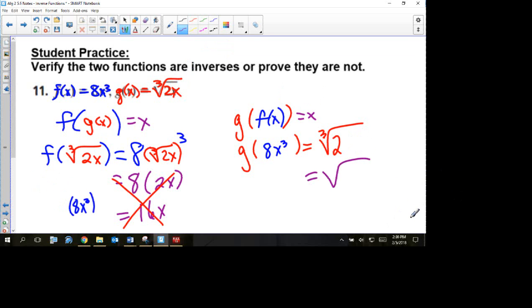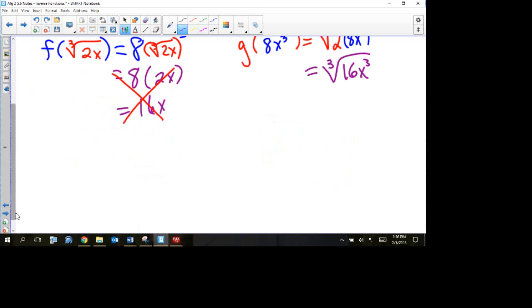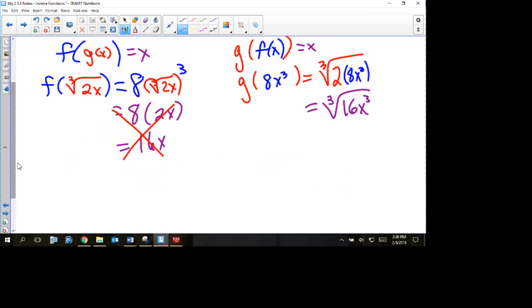Then the cube, I wish I knew why I did that. I'm going to have the cube root of 16x to the third. And then we've learned how to do this, so you can break that up and do cube root of 16 and cube root of x to the third. And that's going to give me x.